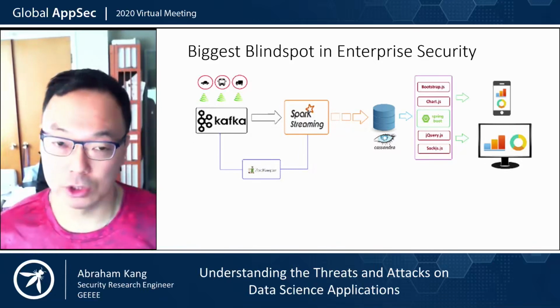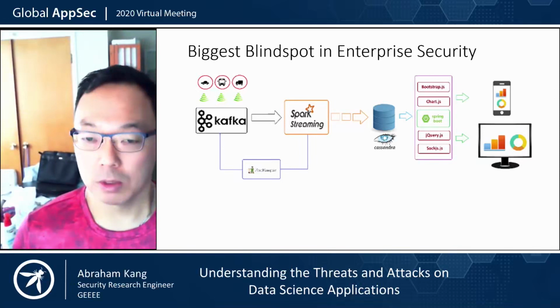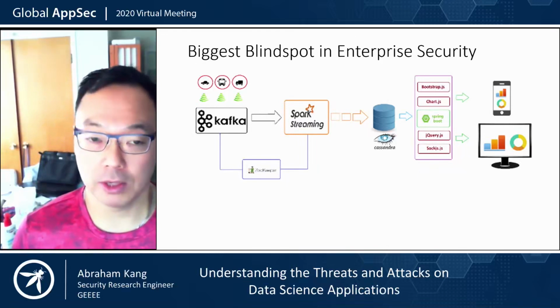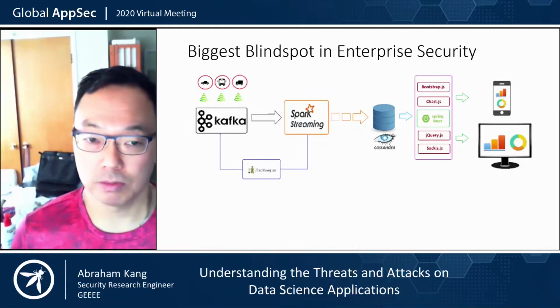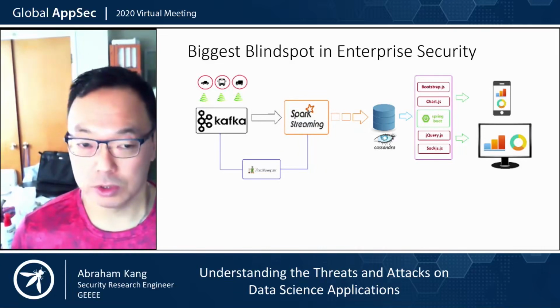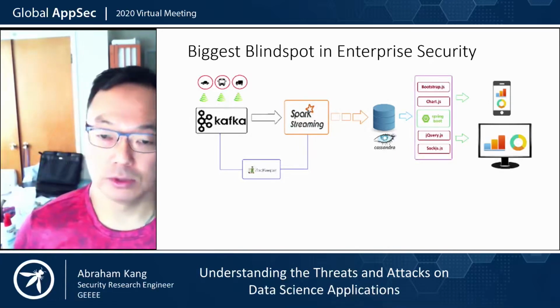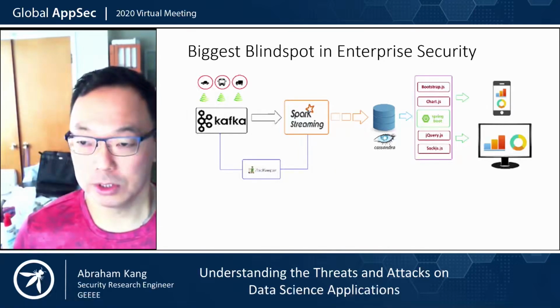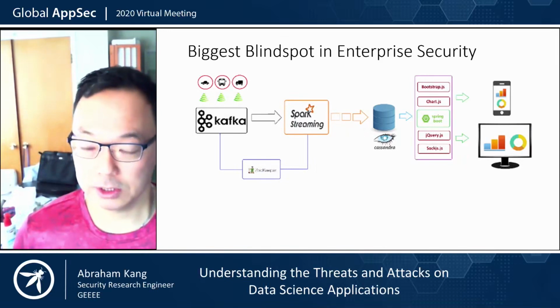What I have up here is a picture of a prototypical data science application, where enterprises are looking to make better decisions and get better insights into how their business runs and how they interact with customers by collecting a lot of data about their customers, their processes, their systems, feeding it into some type of aggregating bus or messaging queue like Kafka, and then processing that information via different tools like Spark or Flink, and loading that data into other databases that can be used for analytics or decision-making or customer insights.